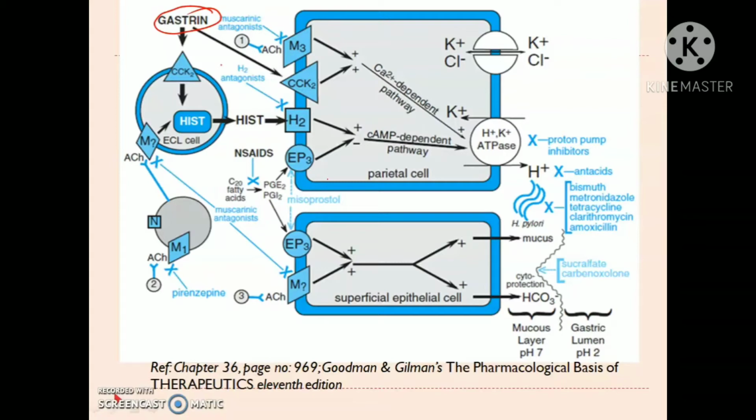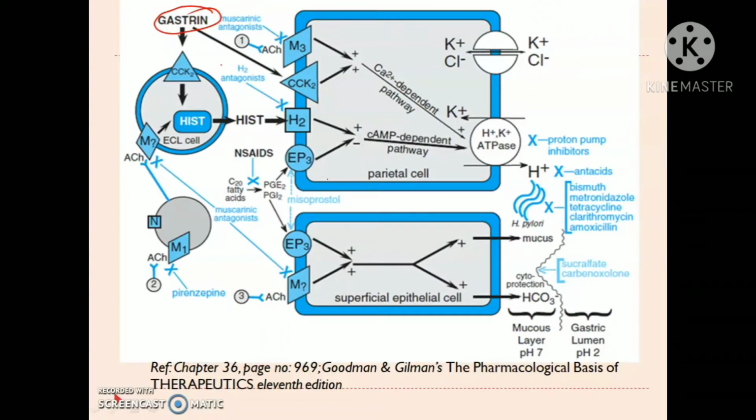Energy is spent for the secretion of acid across the concentration gradient. For that pumping, the parietal cells have the proton pump, or H plus K plus ATPase. It is a pump that pushes the acid out from the parietal cells into the lumen. So till now we have seen the various factors that cause the increased secretion of acid inside the gastrointestinal tract.